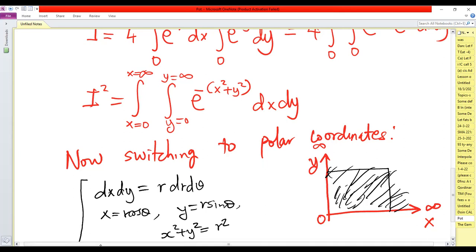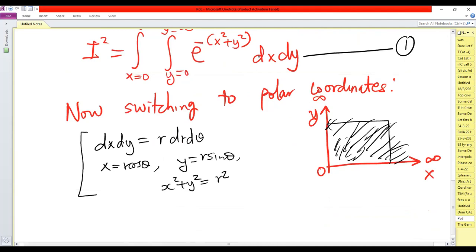These are the values that help to convert from rectangular coordinates into polar coordinates. So let me call this one integral 1, equation 1.